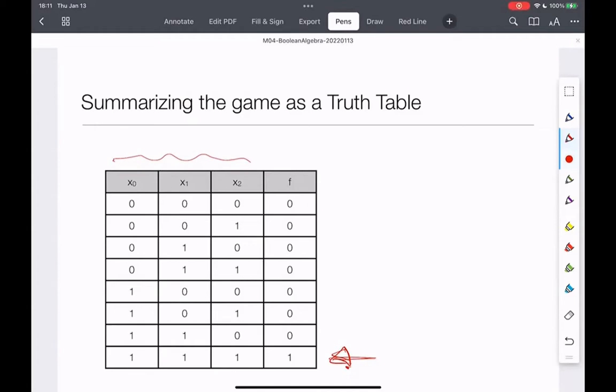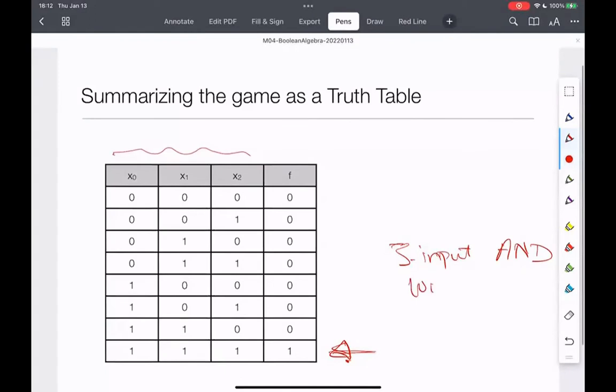So this is a 3 input AND gate. And actually, strictly speaking, in Logisim terms, you can also specify the width of the gates. So you can say 3 input AND gate with width equal to 1. So in other words, it's something like this.